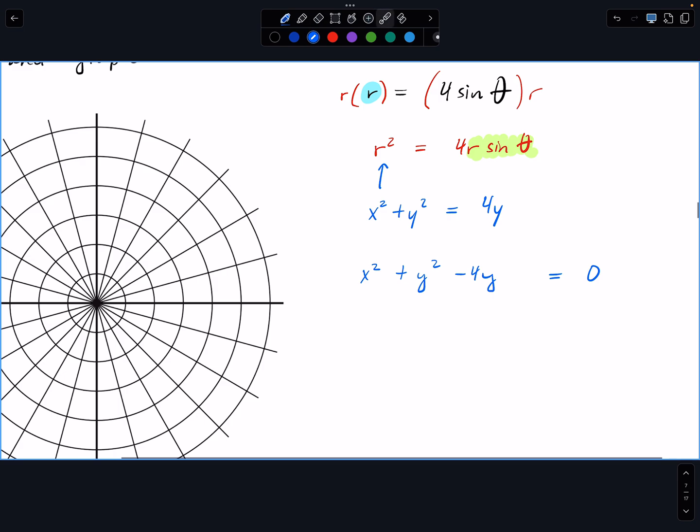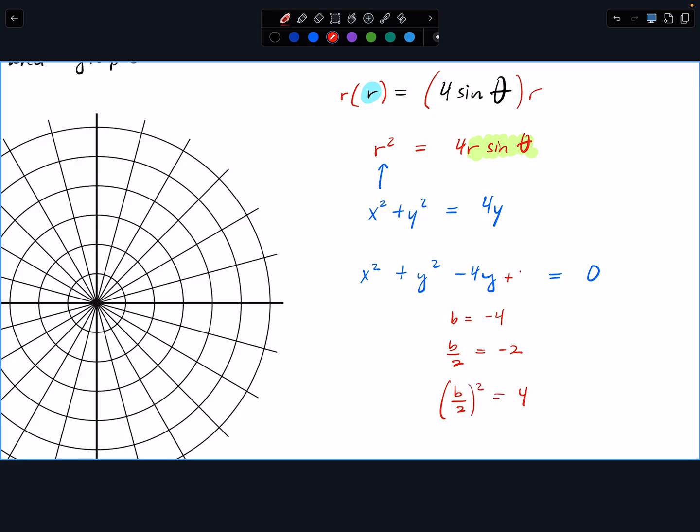To complete the square, guys, remember I need to take this value and do what to it? Divide by 2. So b is equal to -4. If I cut that in half, that's going to be -2. And then remember we have to square it, so it becomes +4.